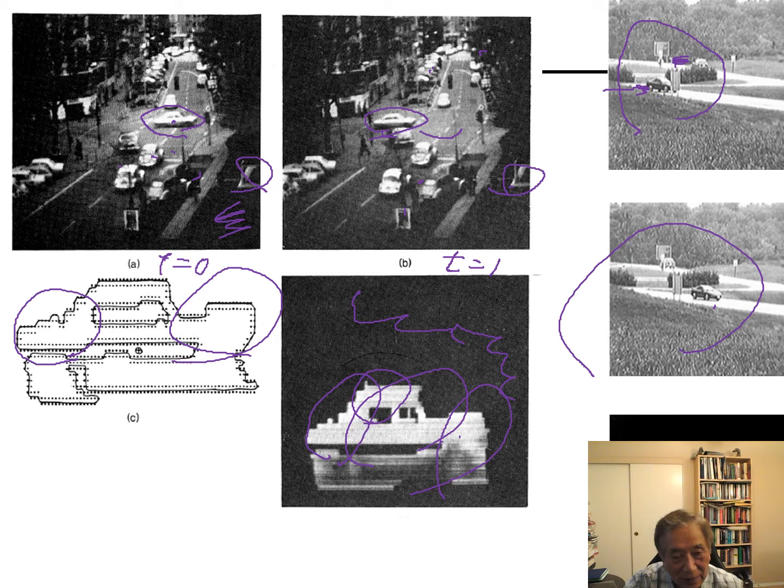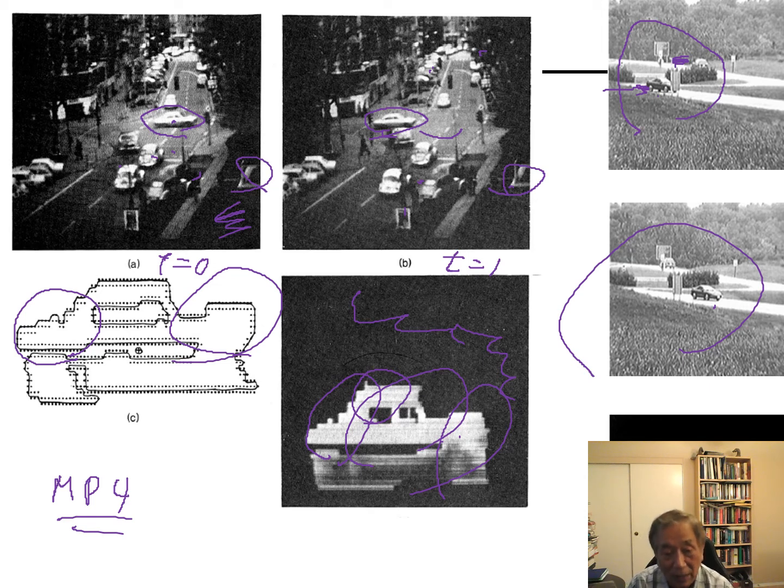I think I didn't say anything about the MP4 format. That's a very popular, maybe the most popular, video format. The reason it is popular is that it takes the minimum space.